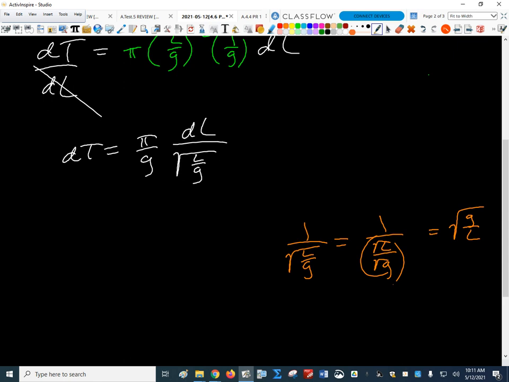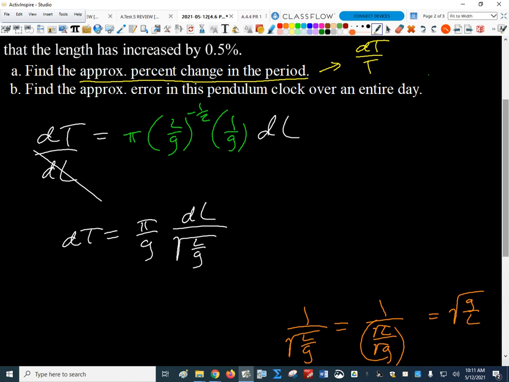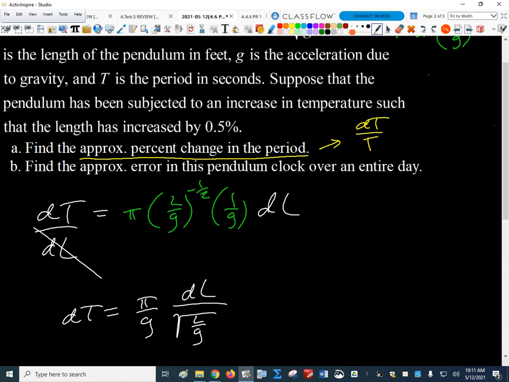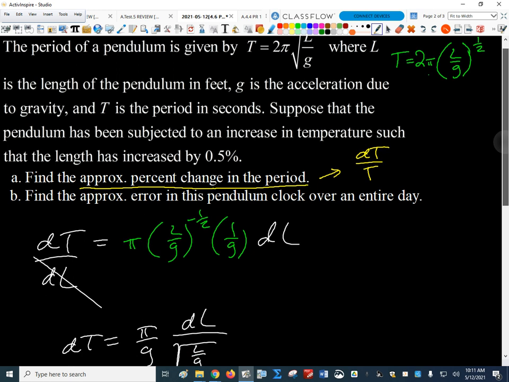So there's dt. Okay, we're trying to find dt over t. Well, now we've got dt, we've got t, so I should be able to maybe simplify this expression. If I do dt over t, what am I going to get here? Let's pick a different color.